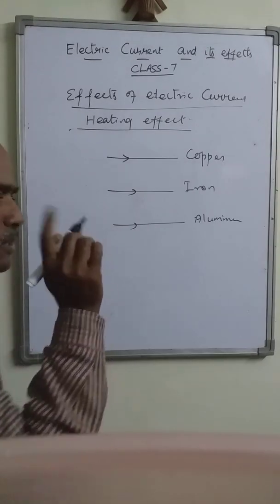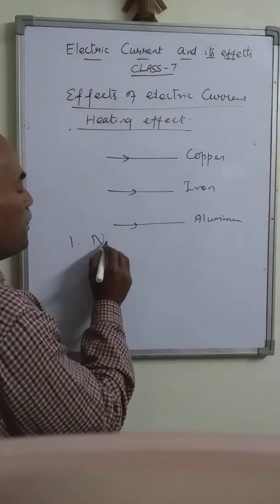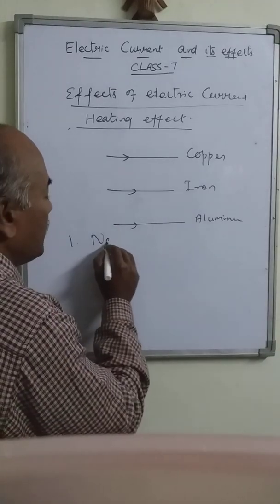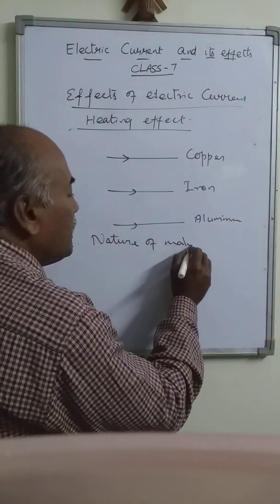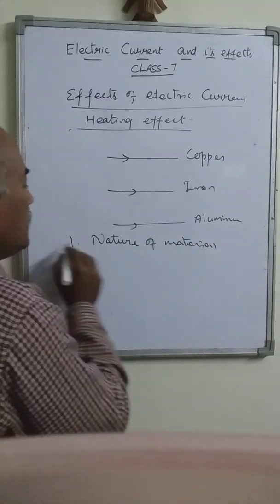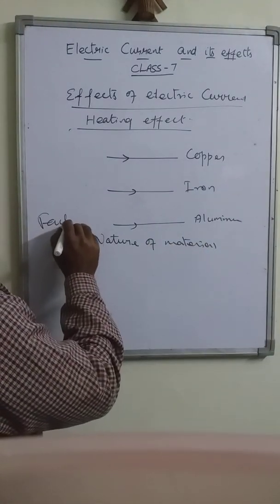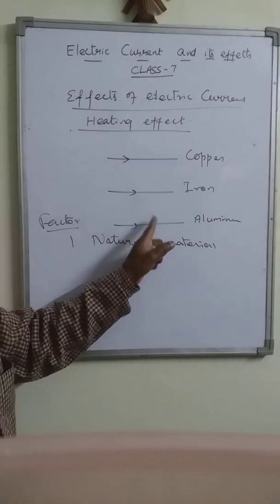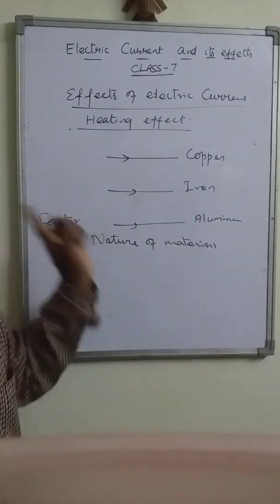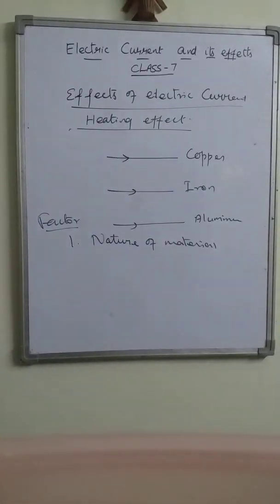Therefore, the first factor is the amount of heat produced depends on the nature of material. Right? This is the first factor. Different materials produce different amount of heat for the same current, same time.